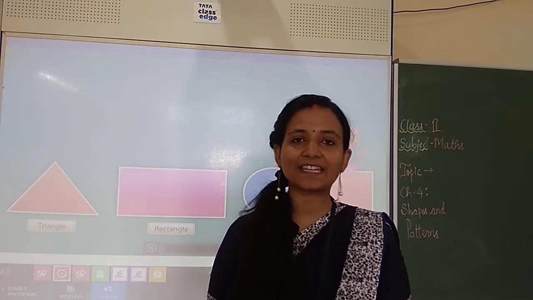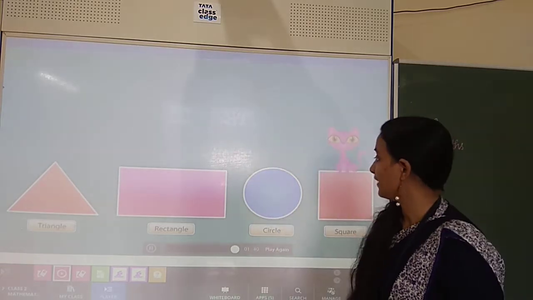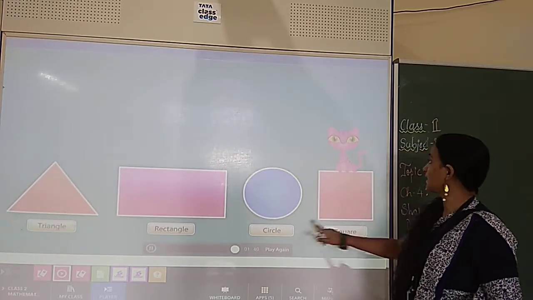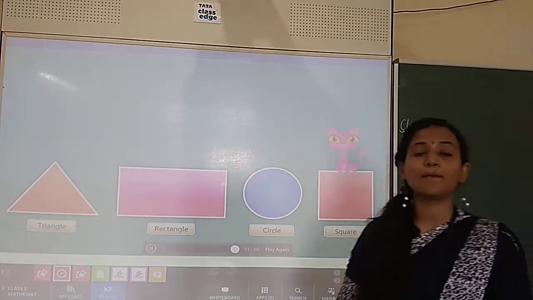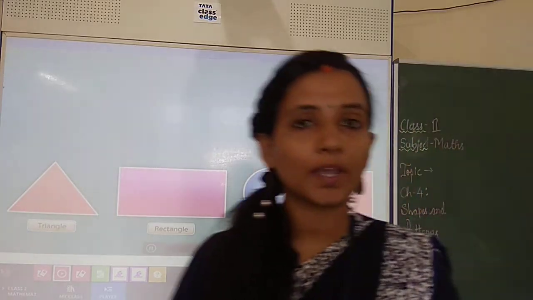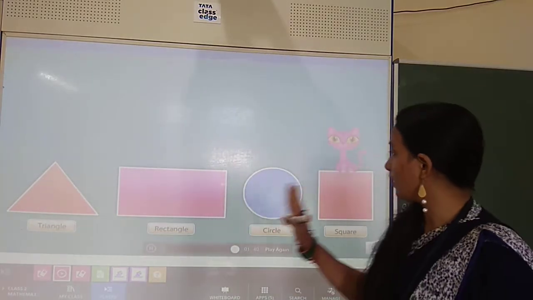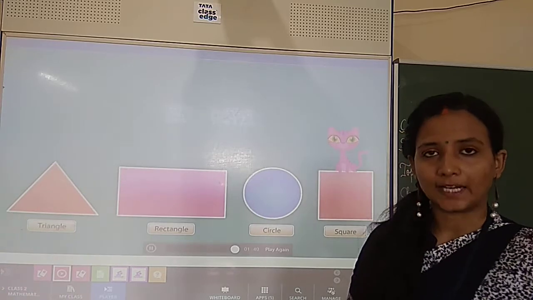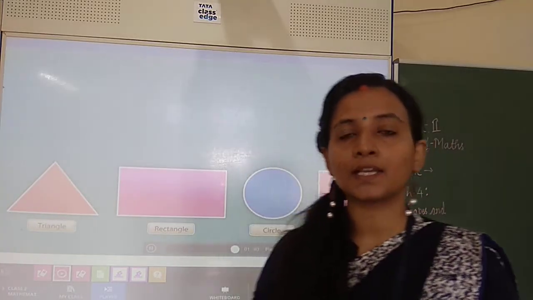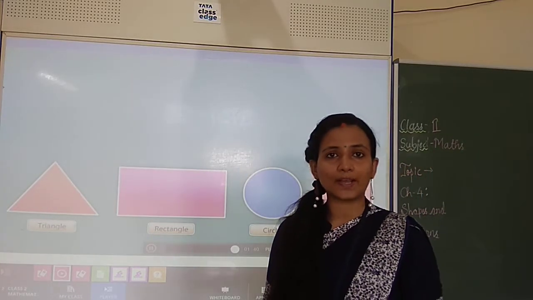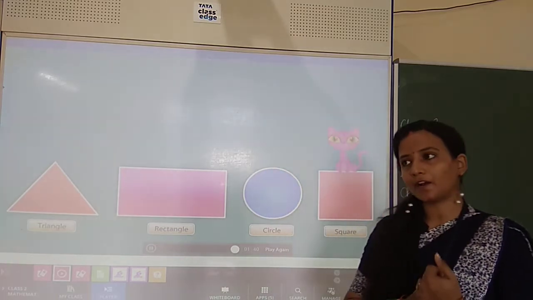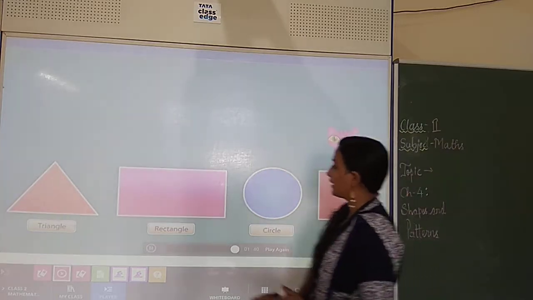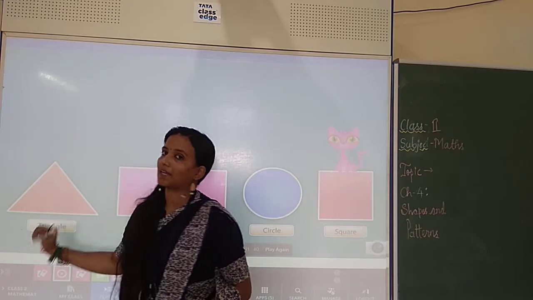So what have you seen here? Triangle, rectangle, circle and square. What are they made up of? All four shapes are made up of lines, either straight lines or curved lines. The triangle is made up of straight lines.